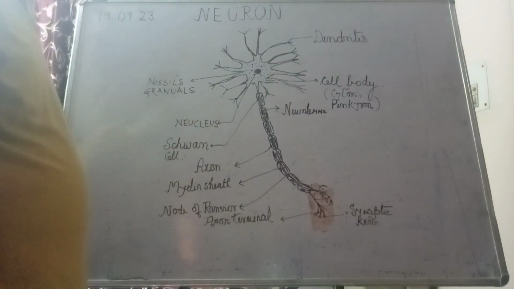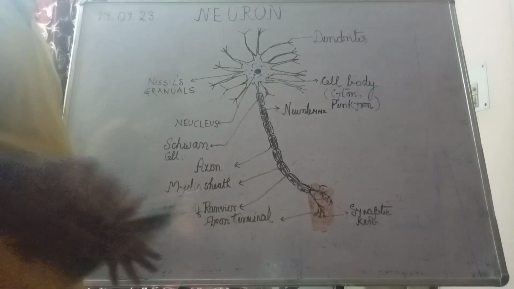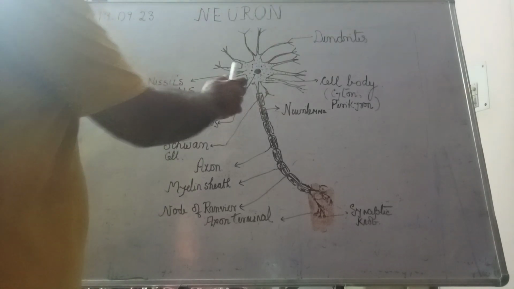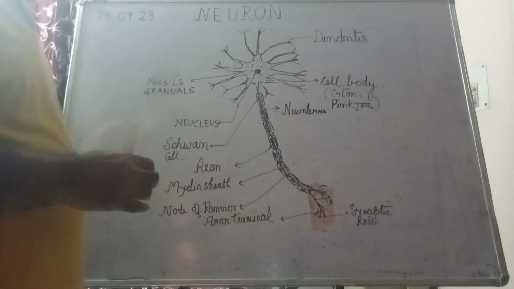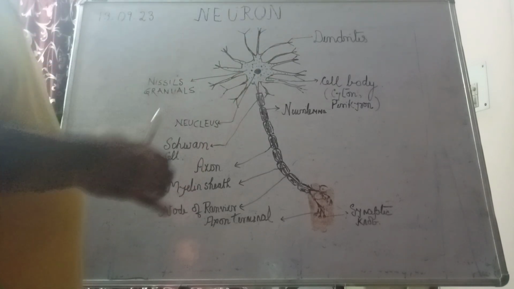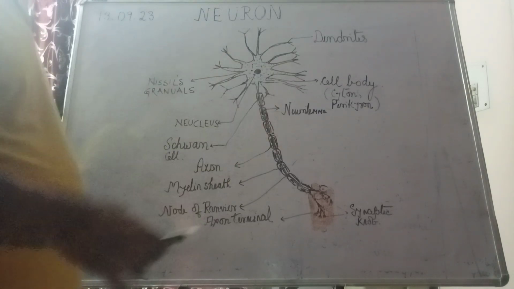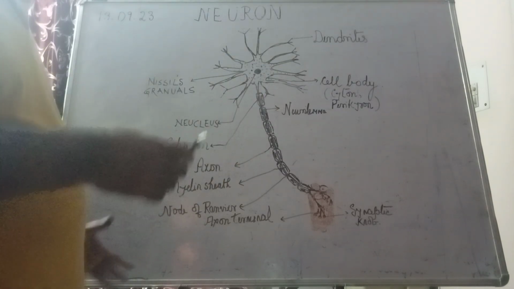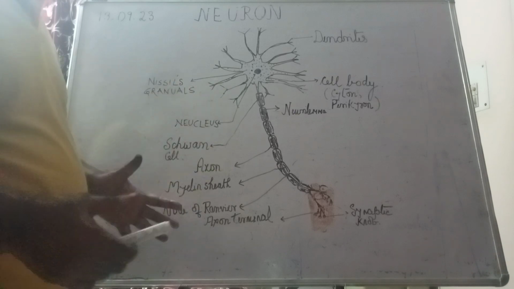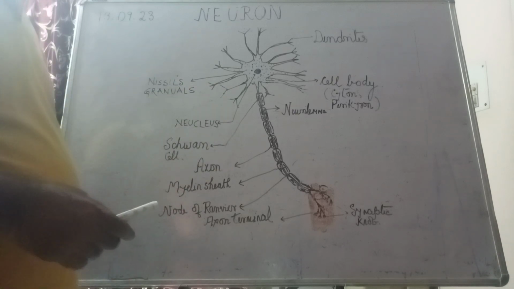But in the meantime, what will happen? The sodium ions which had entered inside will be pushed back. They will be pumped back to the outer area, outside, by the sodium pump with the help of energy obtained from ATP.